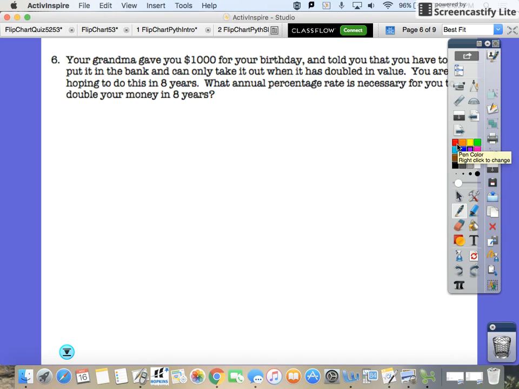So the first thing is we need to recognize how much you were given. So 1,000 is the initial. If you think back to a couple sections ago, that was our A value. The second thing to note is that she wants you to have it double. So double $1,000 is not in the problem itself, but you need to calculate that.